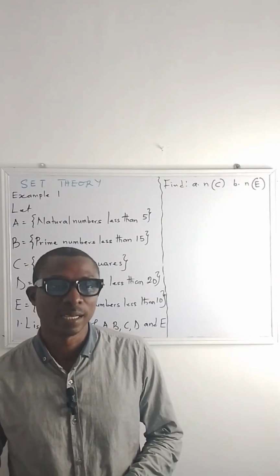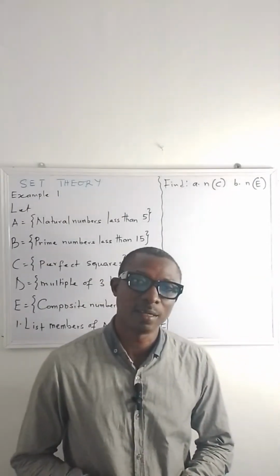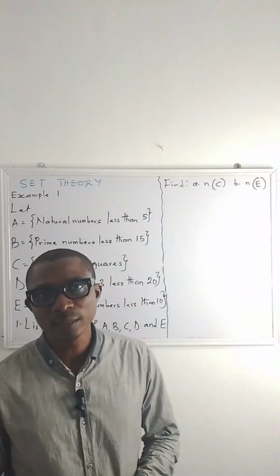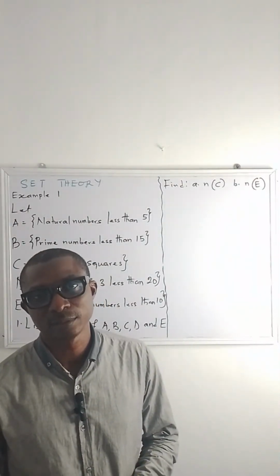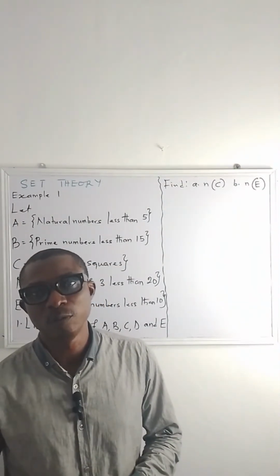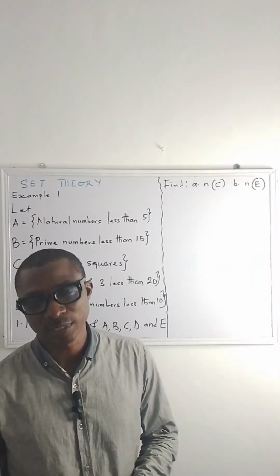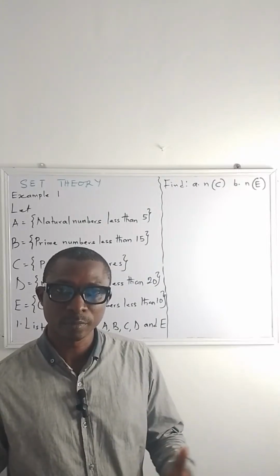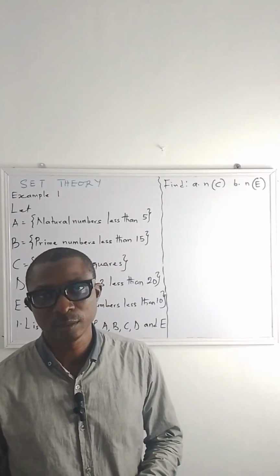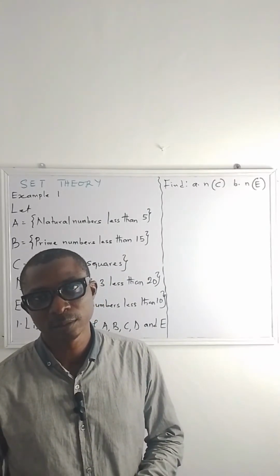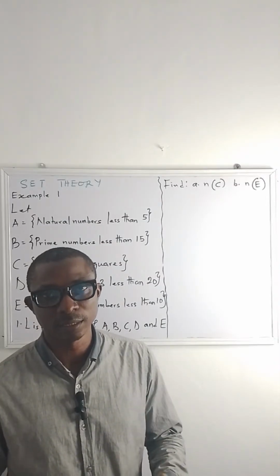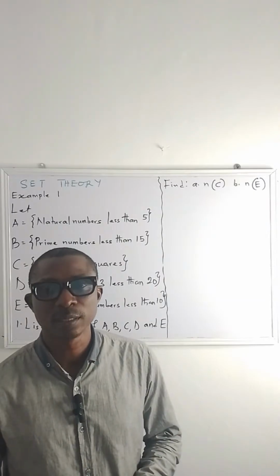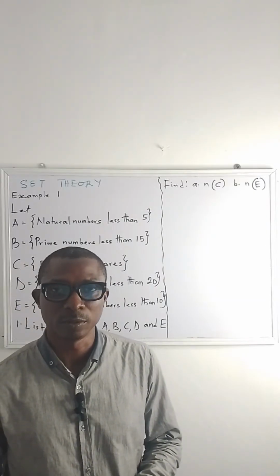Don't forget, the last time I defined a set as a collection of well-defined items, and we looked at several types of sets of numbers. We looked at natural numbers, which are counting numbers, and integers, composite numbers, even numbers, prime numbers, perfect squares, and so on.